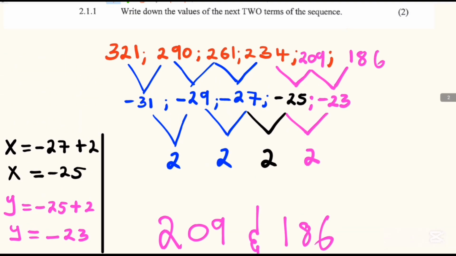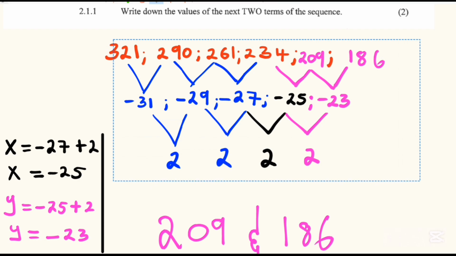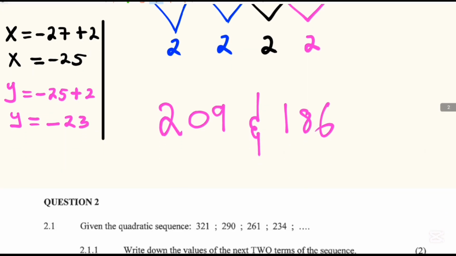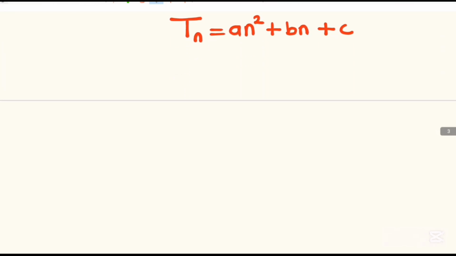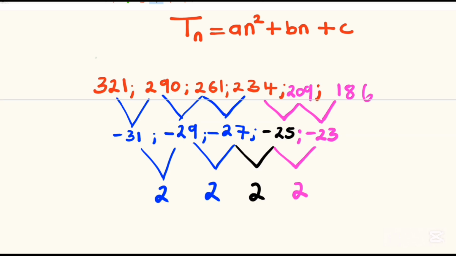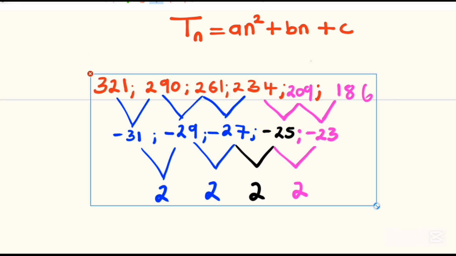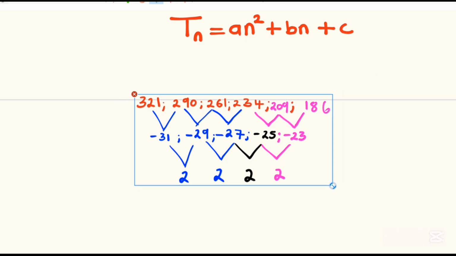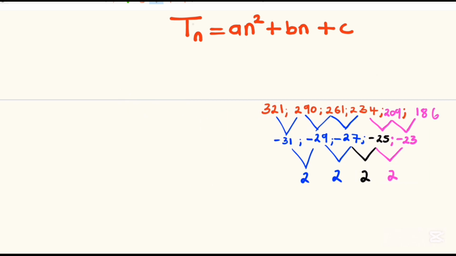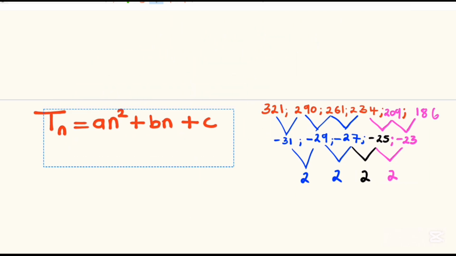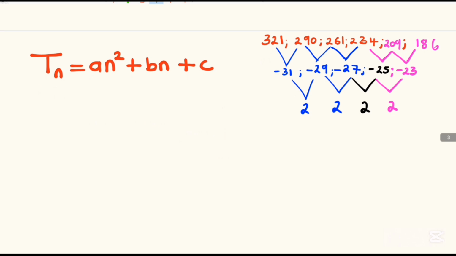From the previous question, we already determined this, so we just copy and paste. For a quadratic number pattern, we know that 2a is equal to the second difference.